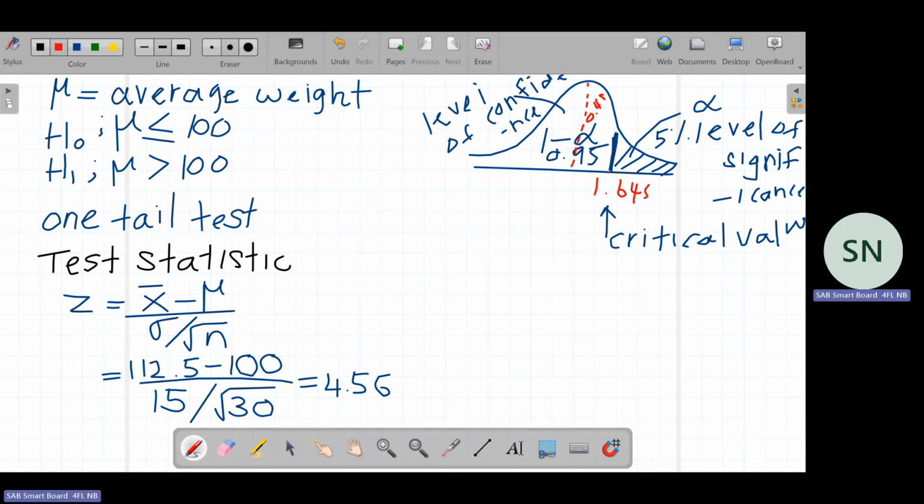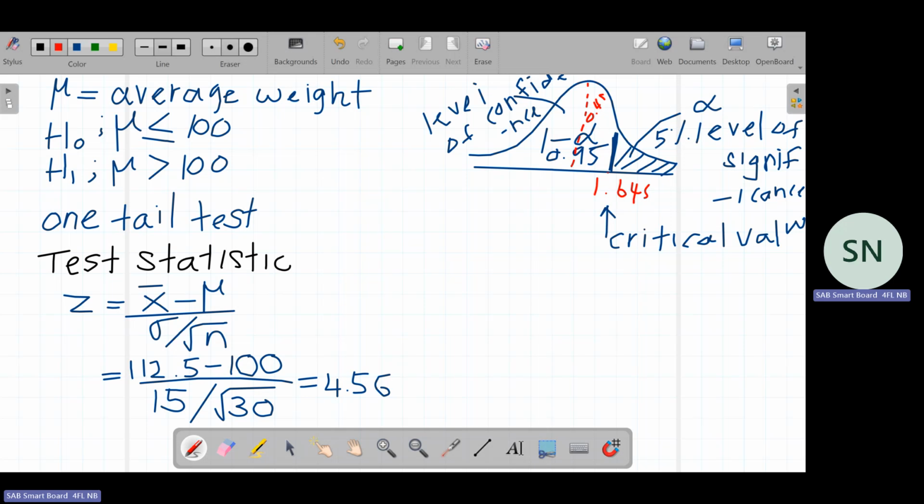Then here, what is your test statistic? 4.56. Then tell me, where is it on this chart? In which region? This one is 1.645.